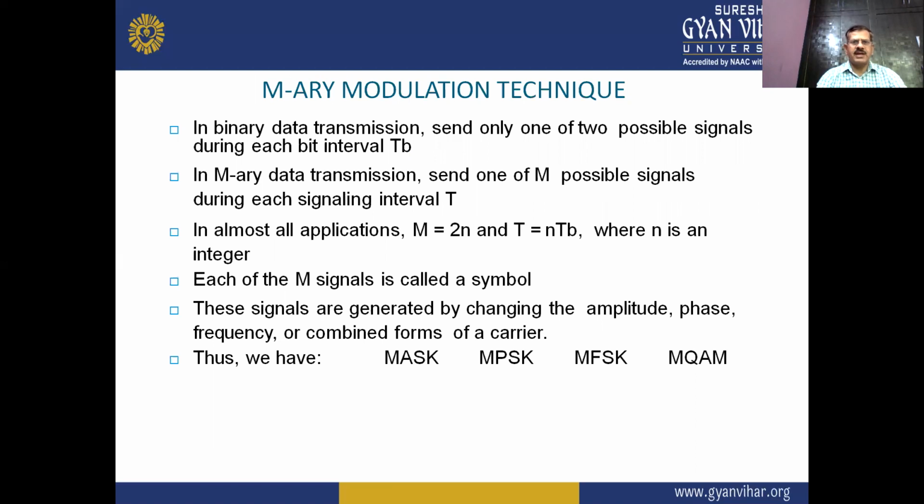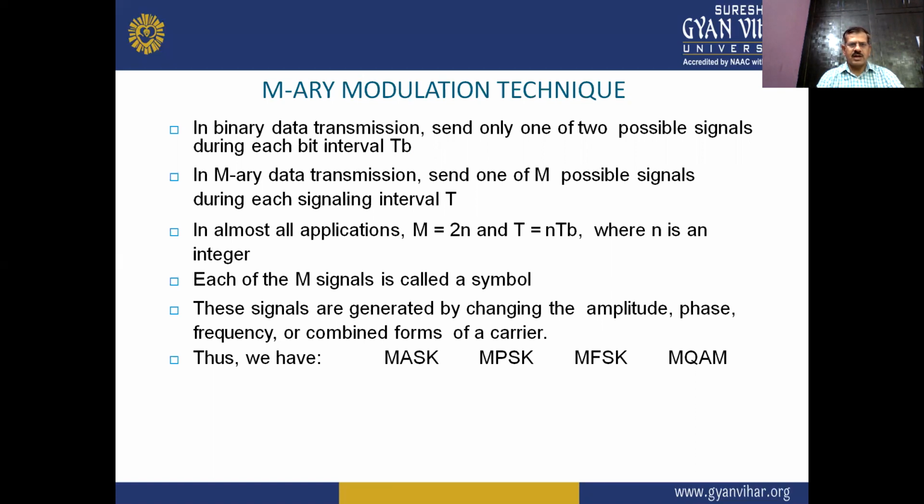The next one is the M-ary modulation technique. In binary data transmission, we send only one of two possible signals during each bit interval Tb, and M-ary data transmission sends one of M possible signals during each signal interval T. In almost all applications, M equals 2^n and T equals n Tb, where n is an integer.